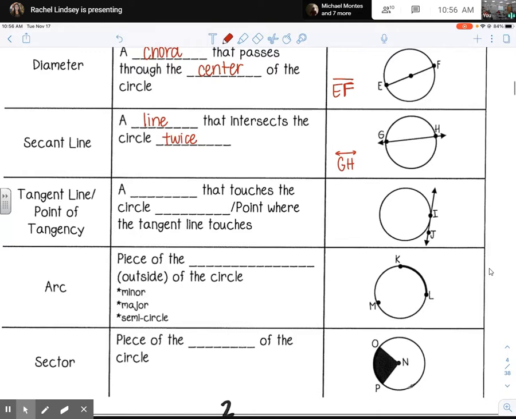Then a tangent line is just a line that touches the circle one time. The point where the tangent line touches is the point of tangency. So here I would be the point of tangency, and then IJ would be your tangent.